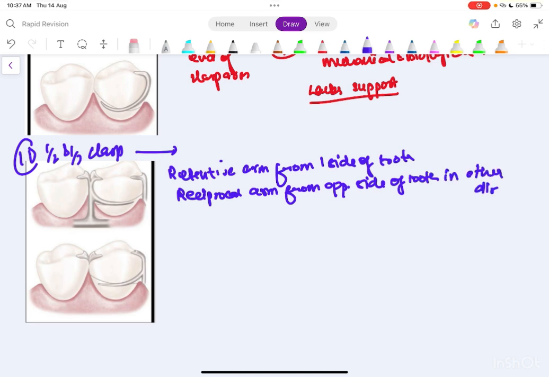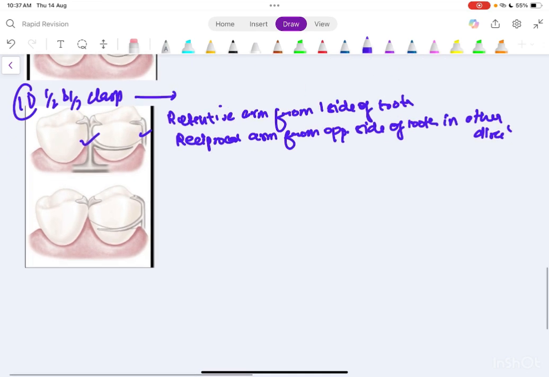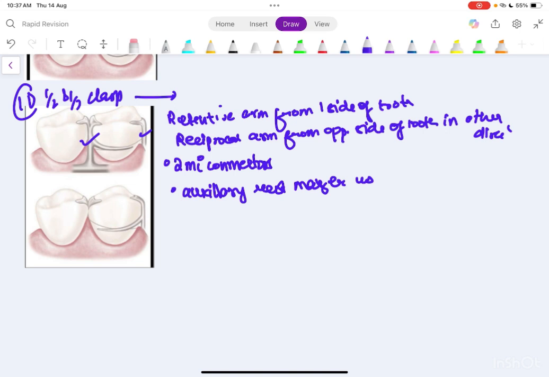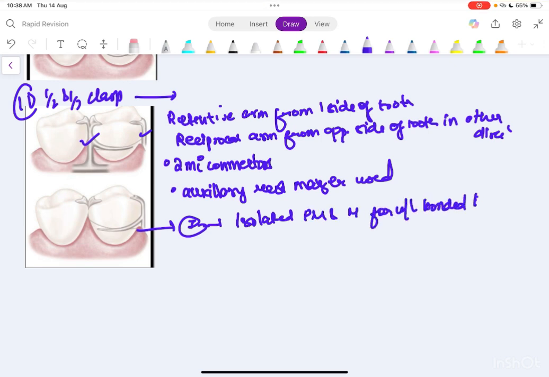Okay, as you can see here, there are basically two minor connectors and sometimes an auxiliary rest may be used. Now a lot of times they have asked the indication of half and half clasp, so it is basically the isolated premolar and molar for unilateral bounded partial denture. Okay, so this completes the types of circumferential clasp.